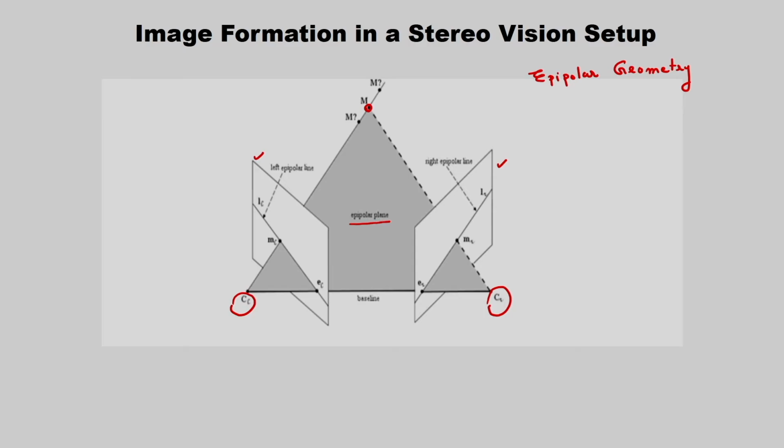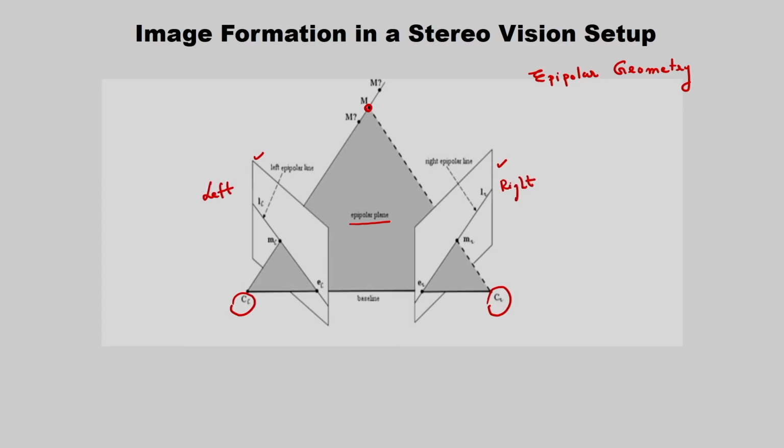It is the plane corresponding to the left camera and the right camera projection centers, and also the 3D point M. And also I have the two image planes, the left image plane and the right image plane.